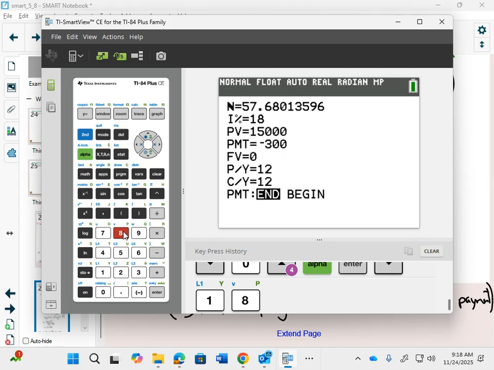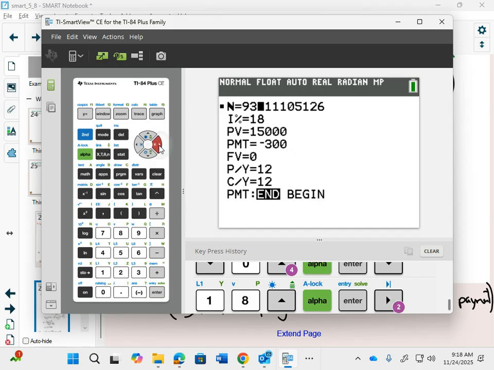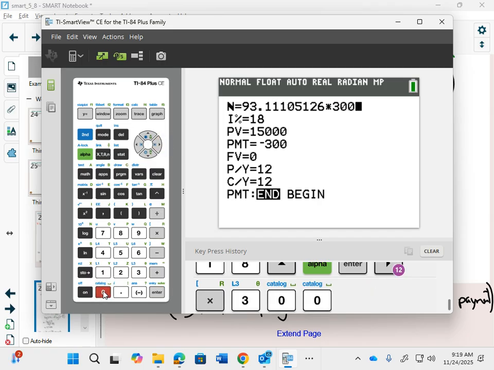I got a car and I only have to pay $300. Well, how long is this going to take you if you paid for this with your credit card? Alpha solve. 93 payments times 300. Now you're paying $28,000 for your car. Ouch.